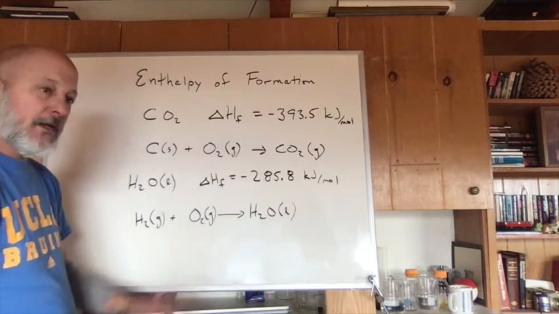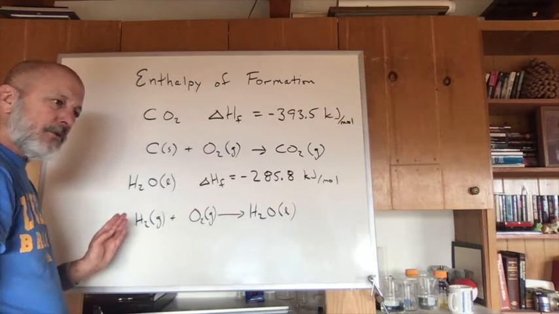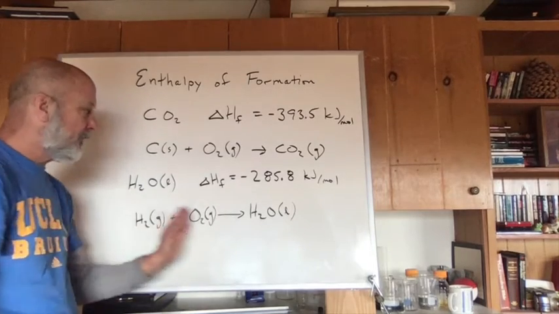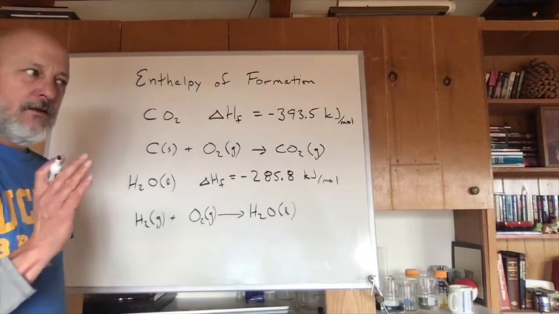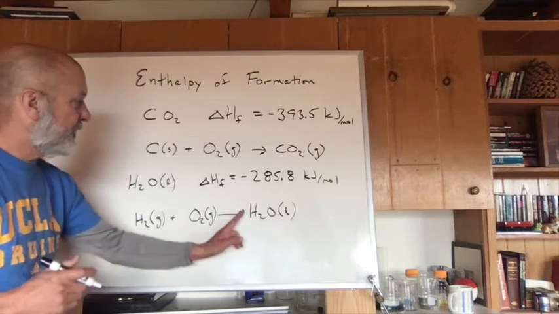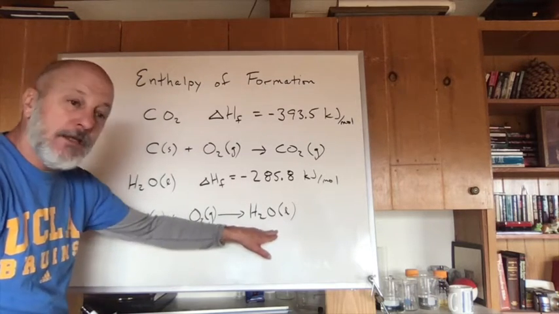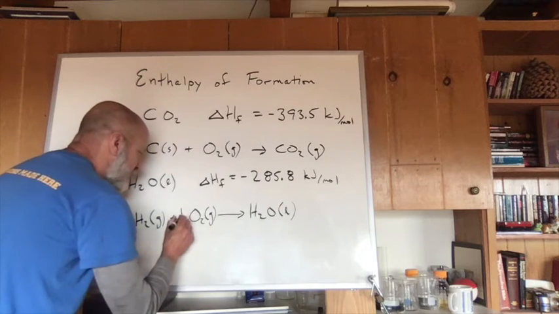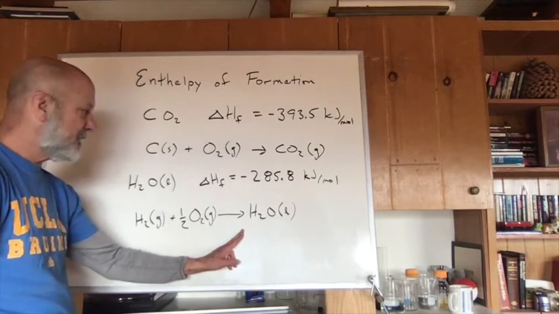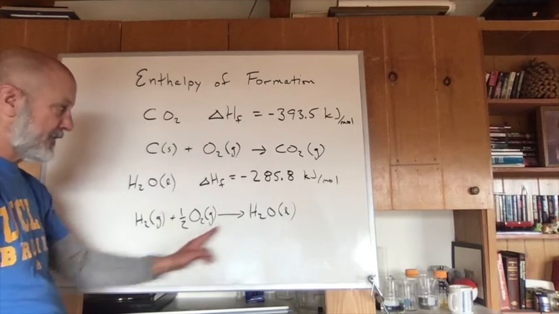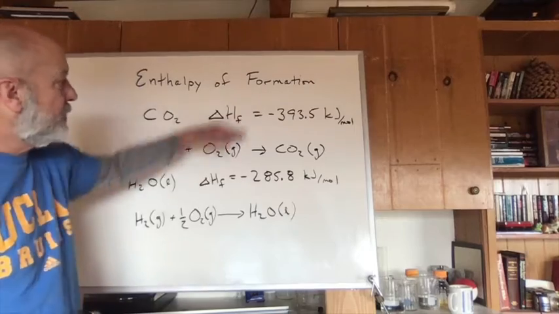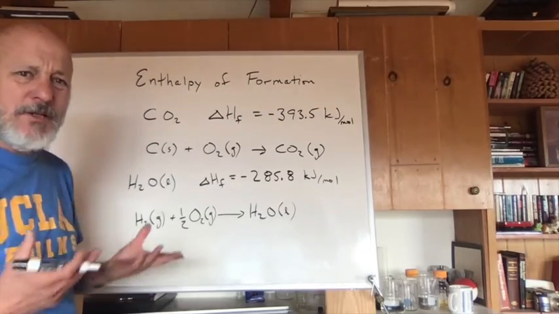But wait a minute, it's not balanced. Normally, if we were to balance this equation, we'd say make this a 2, this a 1, and that a 2, because all the coefficients have to be whole numbers. But for this, since the key is I'm making 1 mole of water, I can use fractions. Since this needs to be 1, I can have these be fractions, so you're making 1 mole. So these are two we know, carbon dioxide and water, very stable compounds.